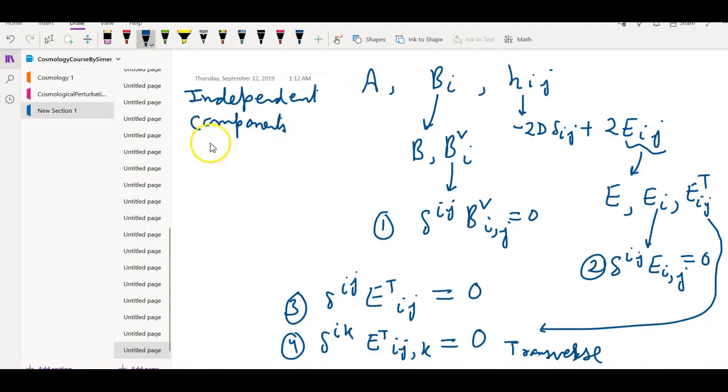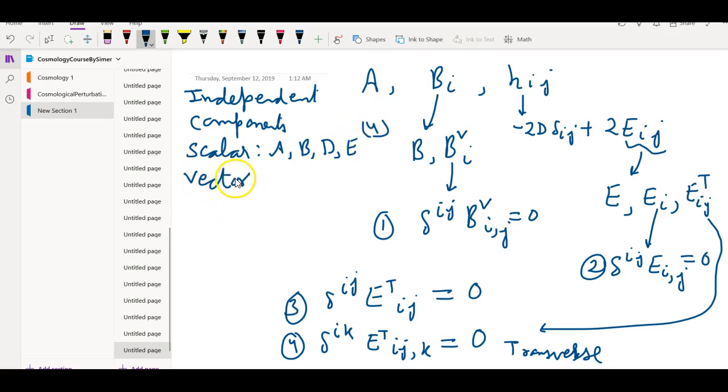Okay, so we have scalars. Let's list all the scalars: A, B, D, E. So we have 4 scalars.